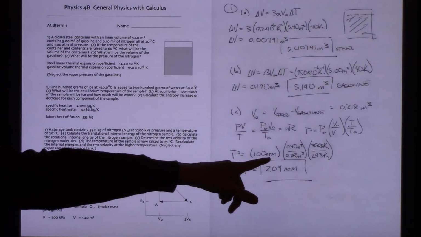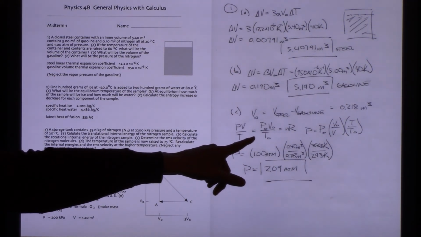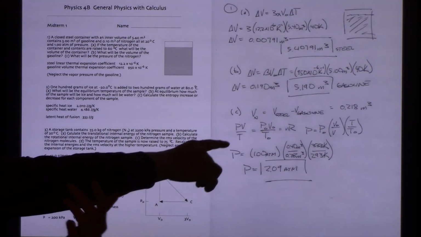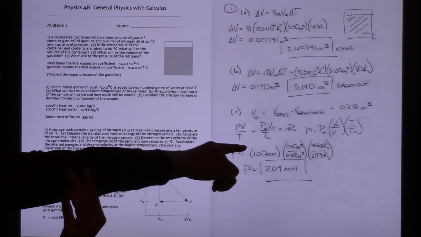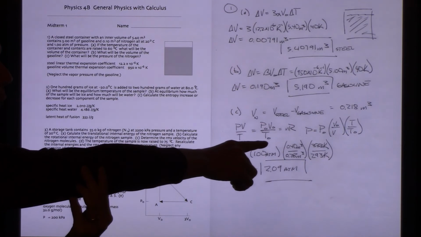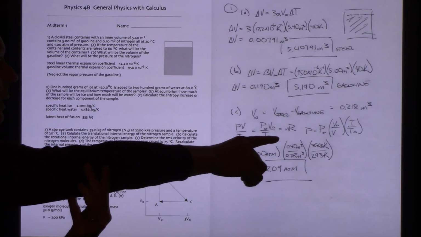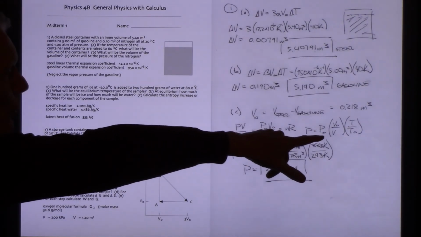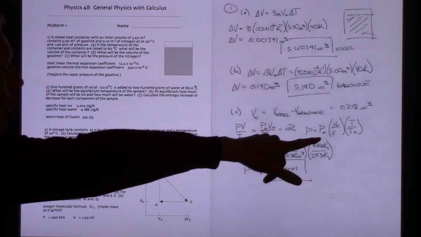And so I've used the ideal gas law as a ratio and said that PV over T final equals P naught V naught over T naught initial, since they both equal nR. And that allows me to write it in ratio form.